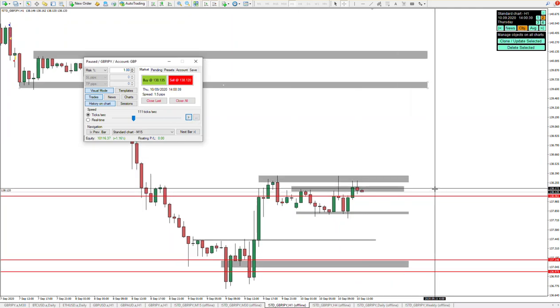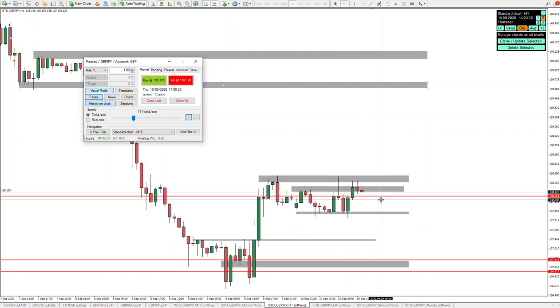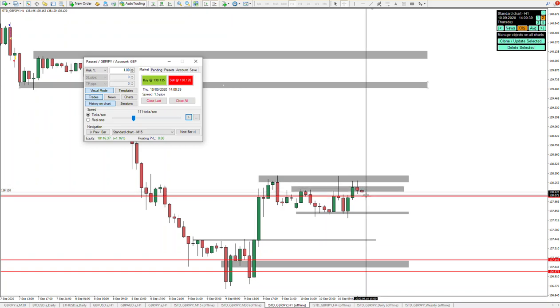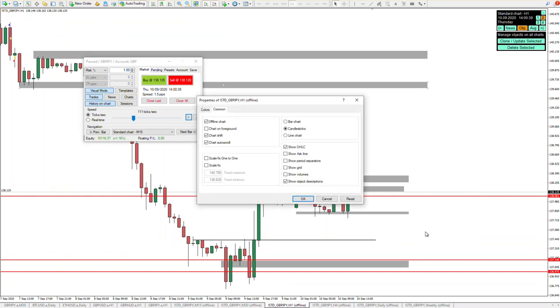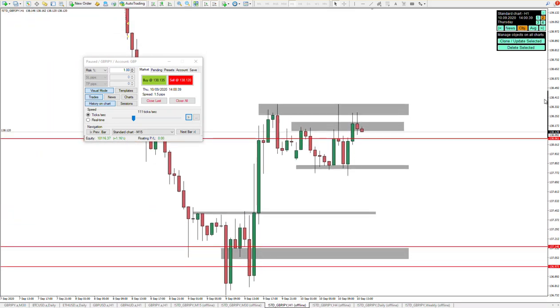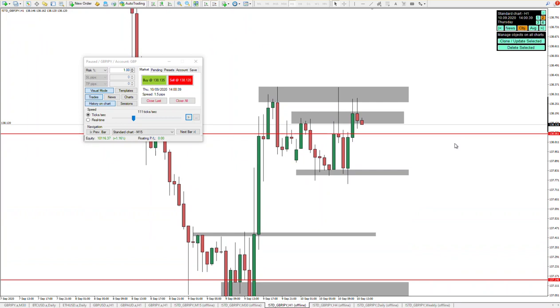Okay, the hourly closed bearish. The hourly closed bearish.